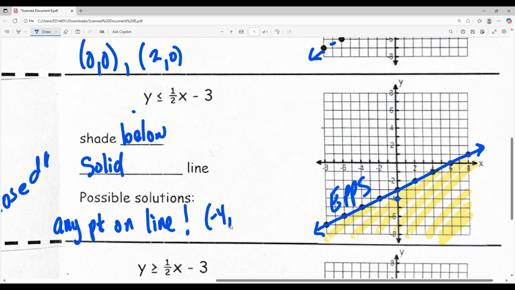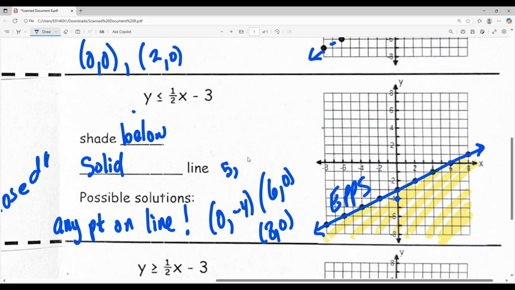So I can have 0, -4, 6, 0, 8, 0, 5, -4. Those are all just possible solutions.